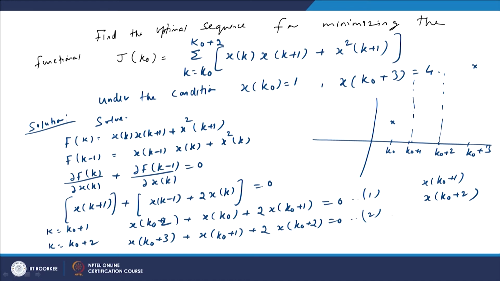Solving these two algebraic equations, we get the optimal value: four values are given, so we will get some value for x of k0 plus 1 and some value for x of k0 plus 2. Already x of k0 plus 3 is given. So this sequence is the optimal sequence which will optimize the expression j of k0 under this condition.